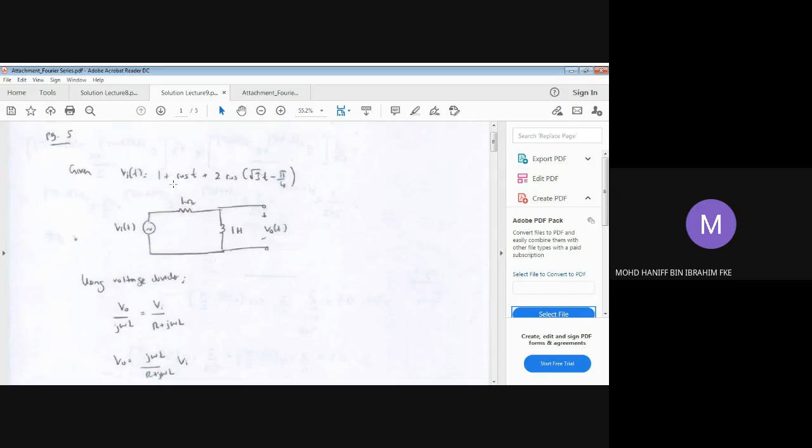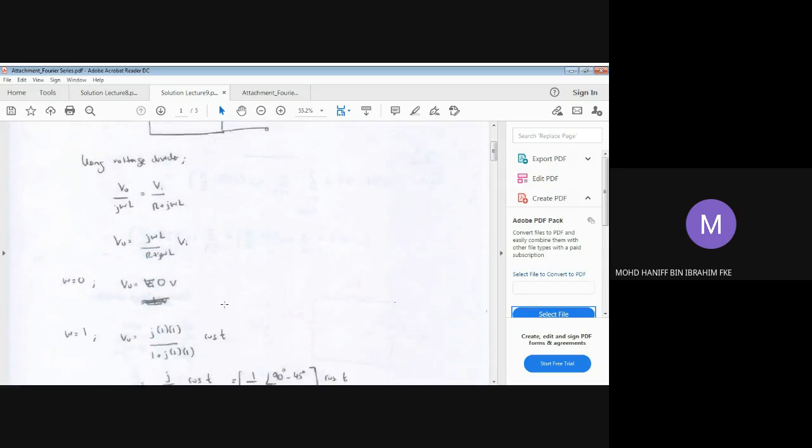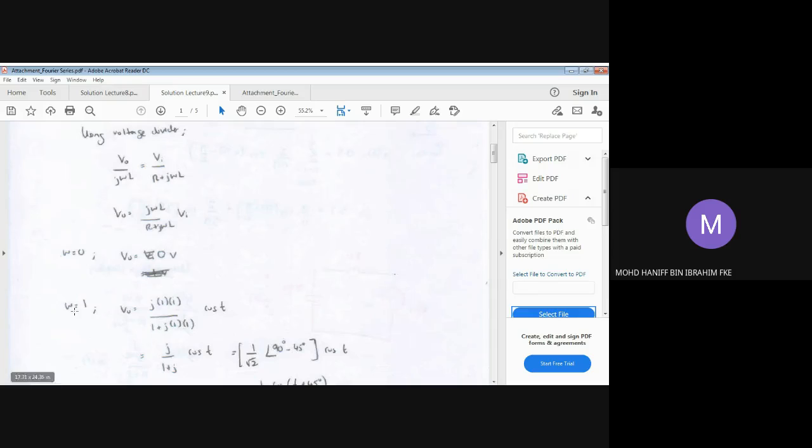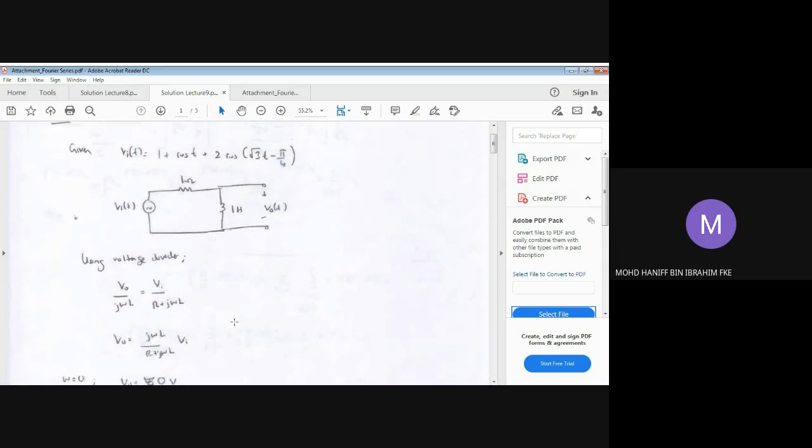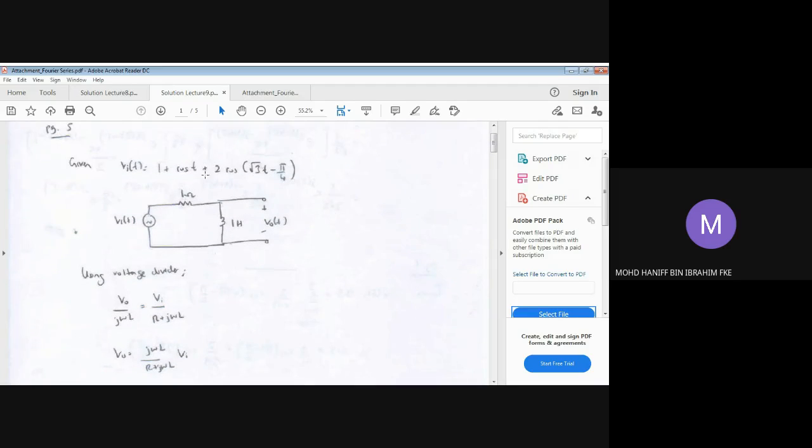Then for the second case here, cos t, your omega equals 1. By substituting 1 for omega in this equation, you are going to get jω equals j, 1 Henry for the L, R equals 1, and the rest will follow. And V_i will be cos t, because at omega equals 1 that should be your input voltage, which is cos t.